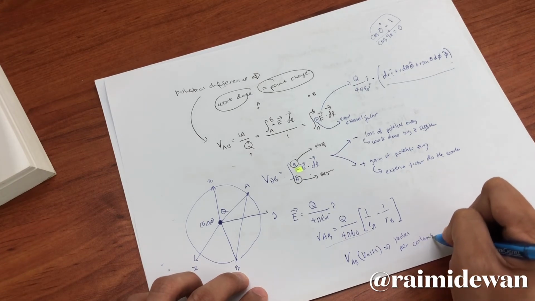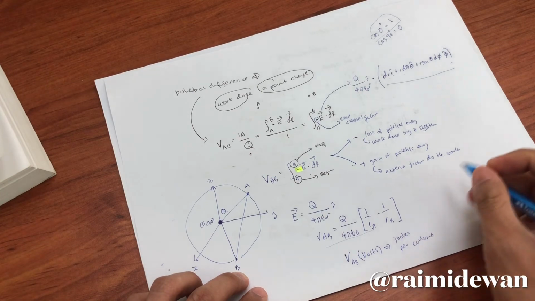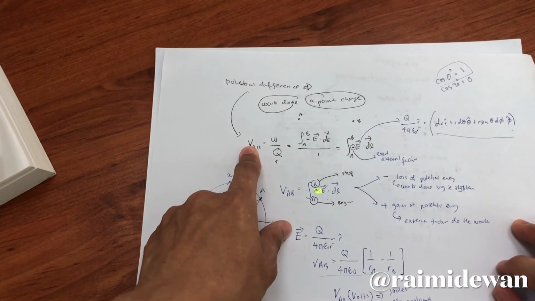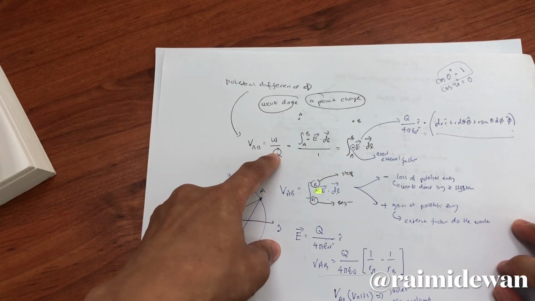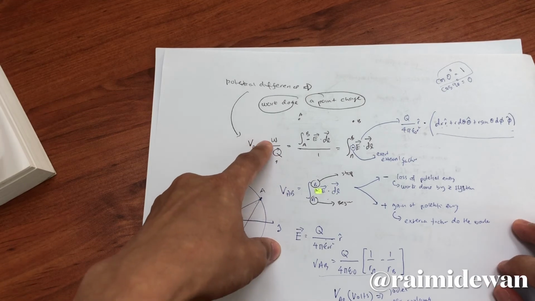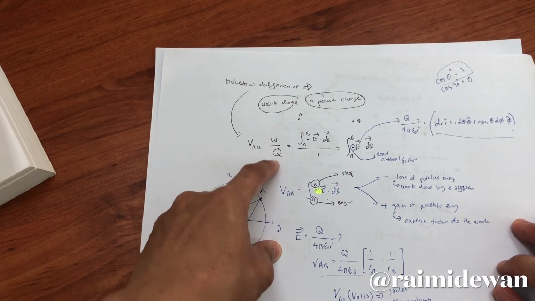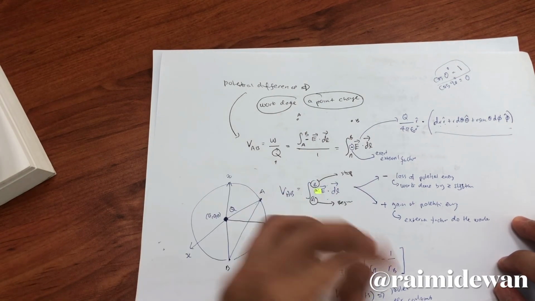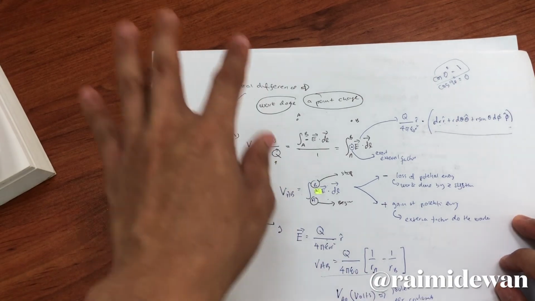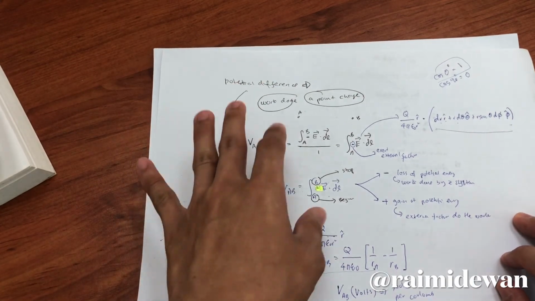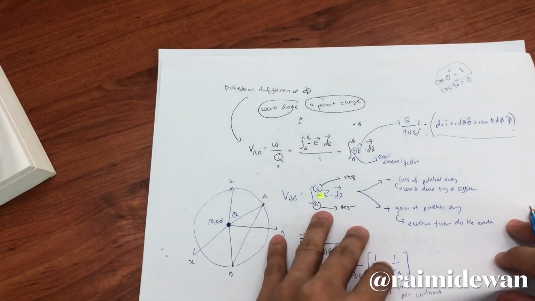Why is it like this? Remember from the definition: work done per coulomb, joule per coulomb. Work is in joule and charge in coulomb. So don't mix up the units. If the question is asking for work done, your answer should be in joule.